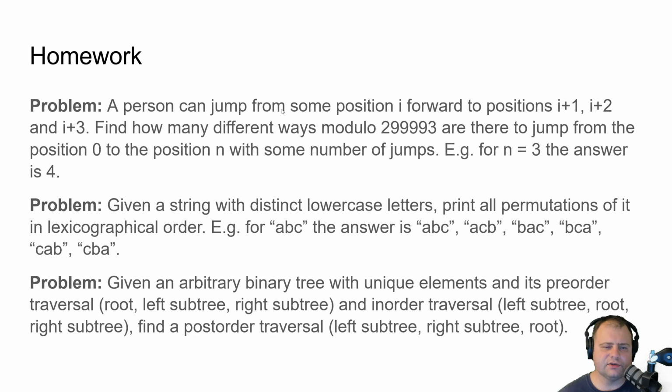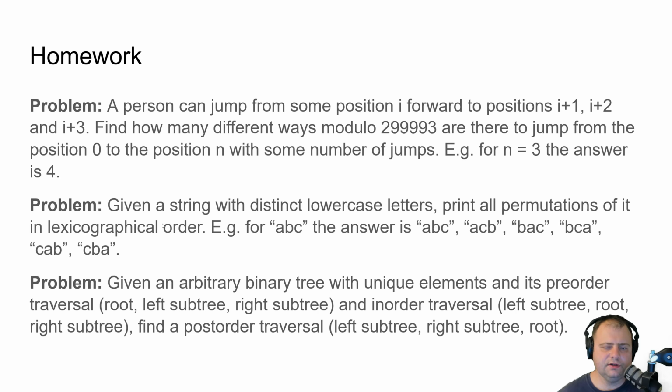Suppose f(i) is the solution for i. Then you can come from position i-1, i-2, and i-3. And that gives you different paths. So you just sum up those numbers, take the modulo, and you get a formula similar to the Fibonacci sequence, just with 3 numbers. So then you can evaluate it recursively or using a loop.